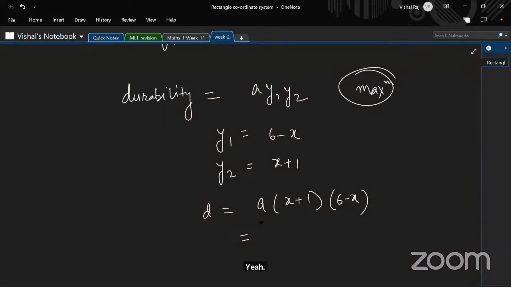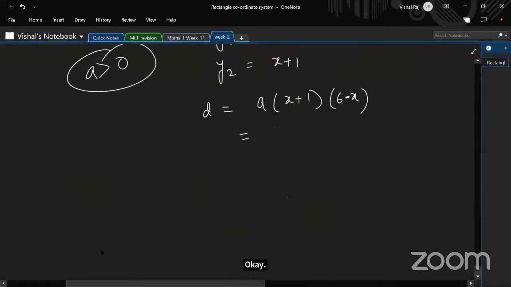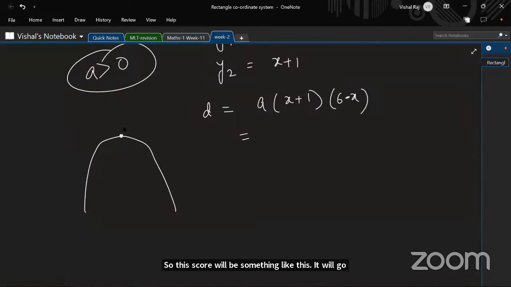A is also given as positive. If A is positive, you are getting a minus here, so this curve will go downward, right? Correct.